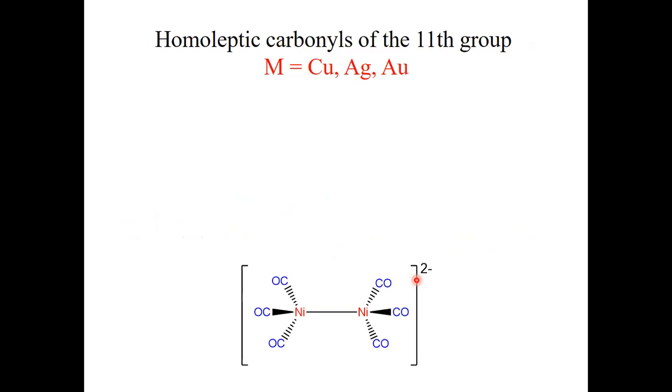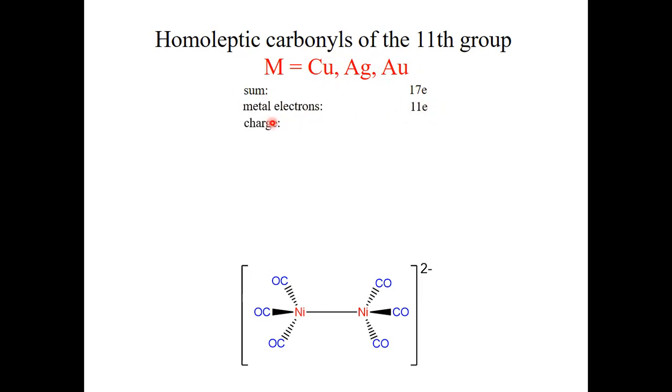All right, so let us go to the 11th group also. In the 11th group, we have the copper, the silver, and the gold. So what structures would we expect? Well, we will again need 17 electrons. The metal electrons, we have in this case 11.